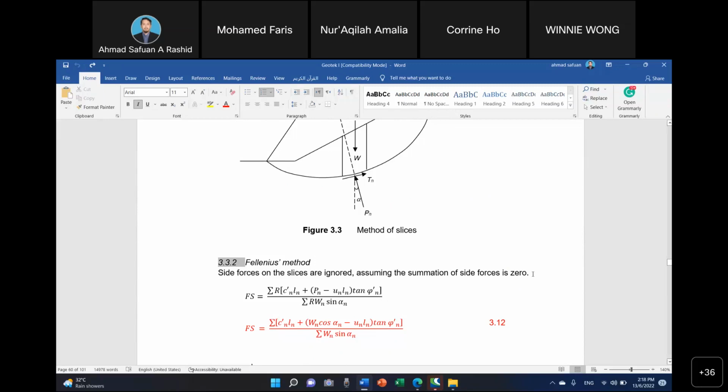So this is the assumption made by the Fillenius. As I told you previously, there is a side force, the normal and the shearing force. So the Fillenius has assumed that side force on the slice are ignored, assuming the summation of side force is zero.